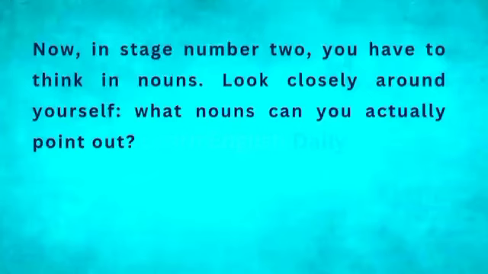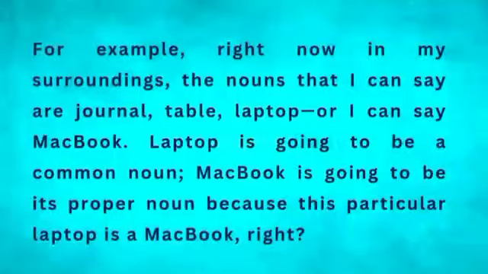Look closely around yourself. What nouns can you actually point out? For example, right now in my surroundings, the nouns that I can say are journal, table, laptop, or I can say MacBook. Laptop is going to be a common noun.